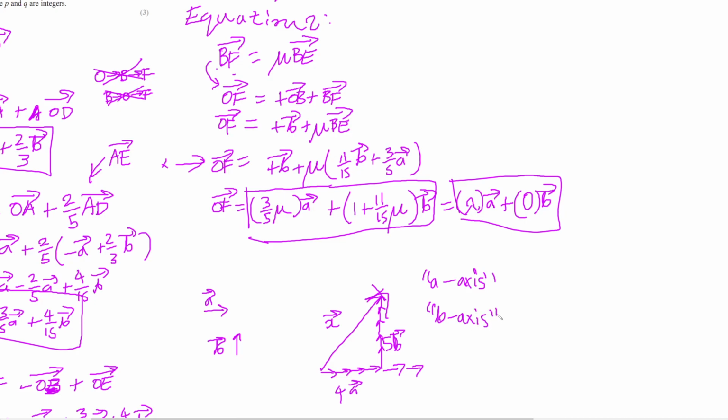So you have the knowledge that if you've got two expressions for the same vector in terms of A and B, you know that these numbers are going to be exactly the same, because this expression of a vector in terms of some number of A's and some number of B's is unique in 2 dimensions at least. And as long as A and B are not the same vector, like they're not pointing the same way.